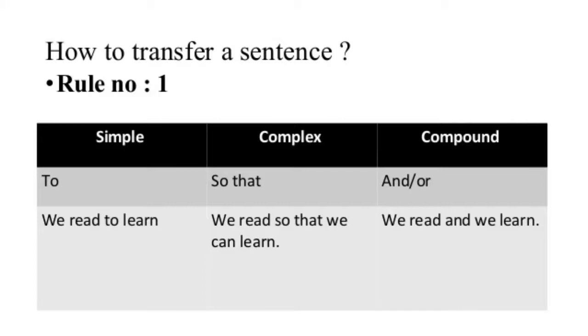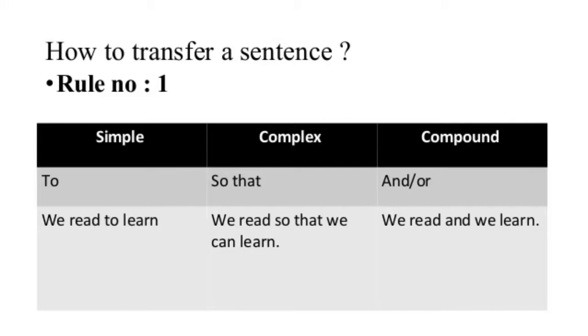So the first rule: in a simple sentence, if the sentence is used with to, see the example, we read to learn. In a compound sentence, we have to use the coordinating conjunction and or. Example, we read and we learn. So in a compound sentence, you have to use coordinating conjunctions like and or, if it is used with to in the simple sentence, children.